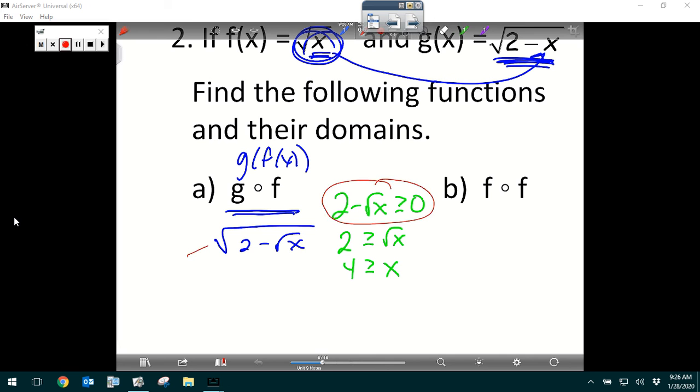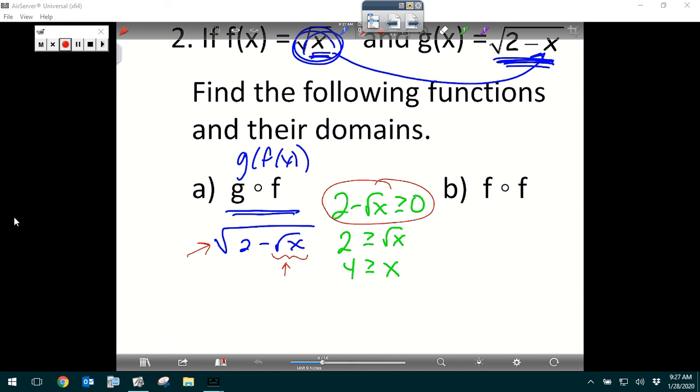But what about the big piece? If x is less than or equal to 4, let's say x is a negative number. It says x has to be less than or equal to 4. What if x was negative 2?